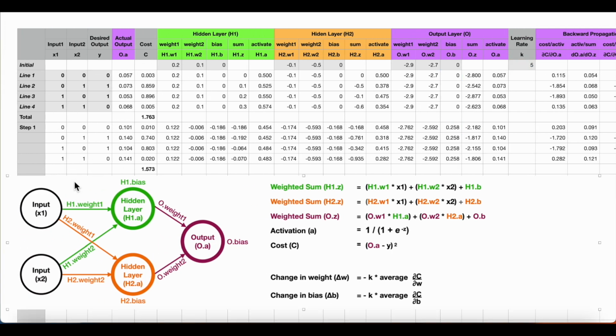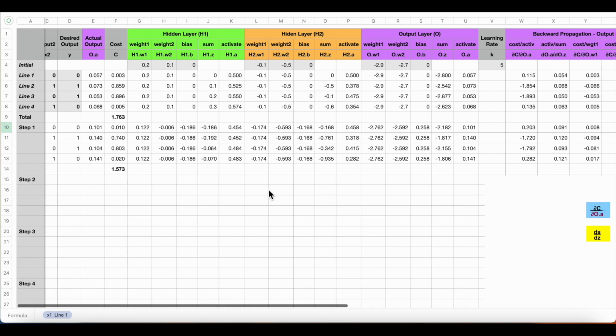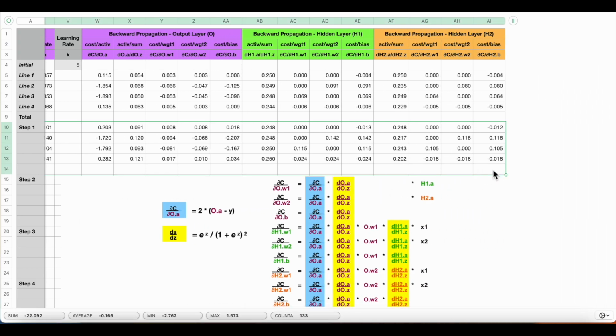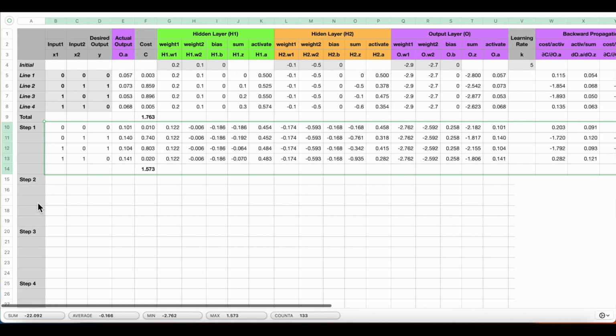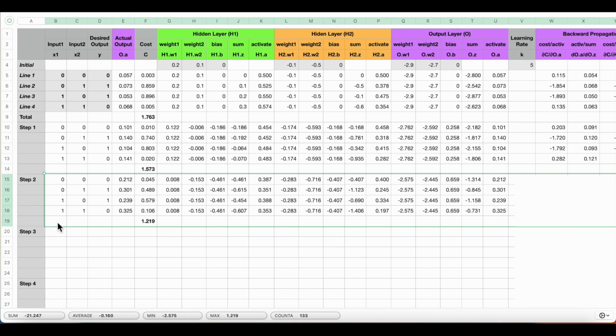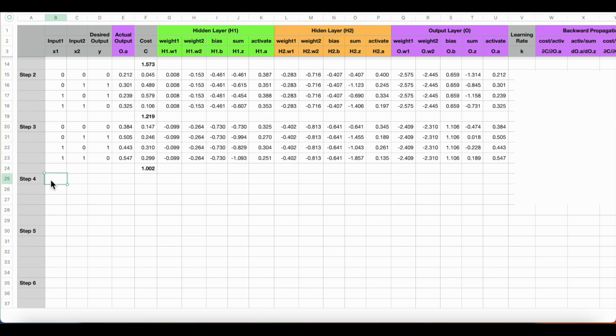So now that we have our formula set up for the initiation and step 1, we can copy and paste step 1 into our subsequent steps.